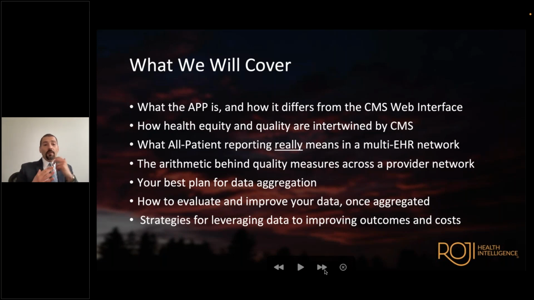We're going to close off by looking at how to evaluate and improve your data once it is aggregated, and then strategies for continuing to improve outcomes and to reduce costs.